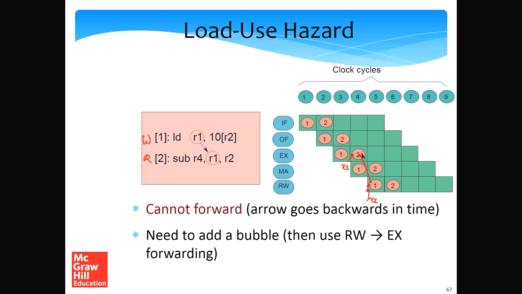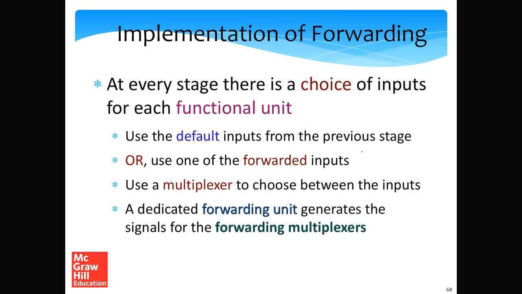We should have had the data ready earlier, which is not possible. So the only solution is to add a bubble in this case and then use a forwarding path. Otherwise, it's not possible.